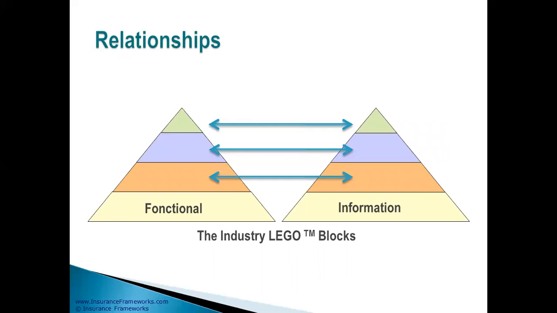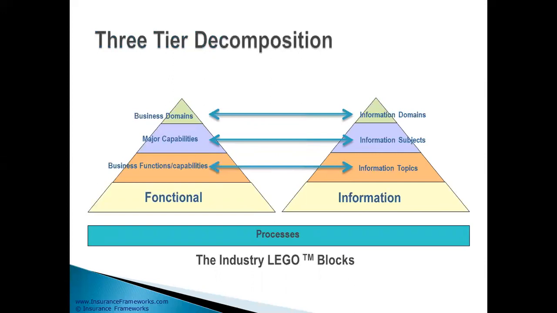On the other side, there are also information structures, and those information structures are mapped against the functional side of the capabilities. So on the information side, we have information domains, information subjects, and information topics, and they are mapped to show the integration that exists within the organization.